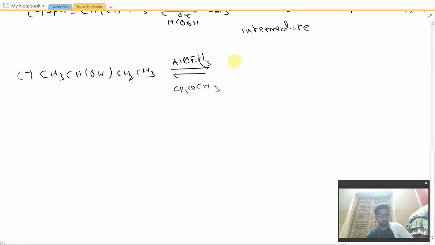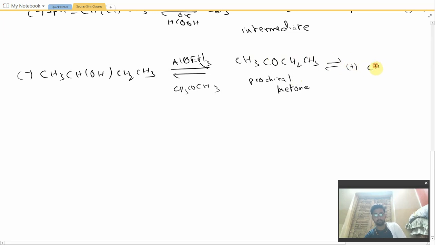A prochiral ketone will be formed, CH3COCH2CH3. Why prochiral? Because if in this carbon we remove one hydrogen and substitute it with another group, the molecule becomes chiral. So after this conversion takes place, the plus isomer would be formed, CH3CH(OH)CH2CH3. In this way the plus isomer can be converted into the minus isomer.